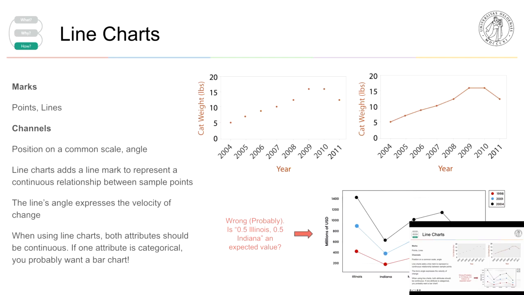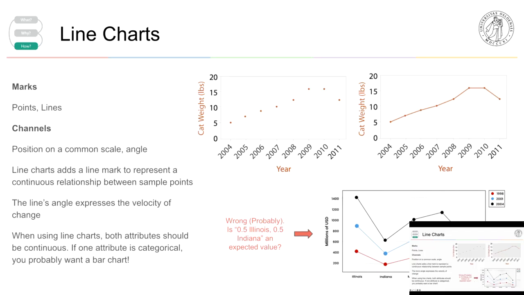So you can look at the angle of the line to understand the velocity of change during that period. So they are representing a continuous relationship. When using line charts, both attributes should be continuous. If one of the attributes is categorical, you probably want a bar chart.